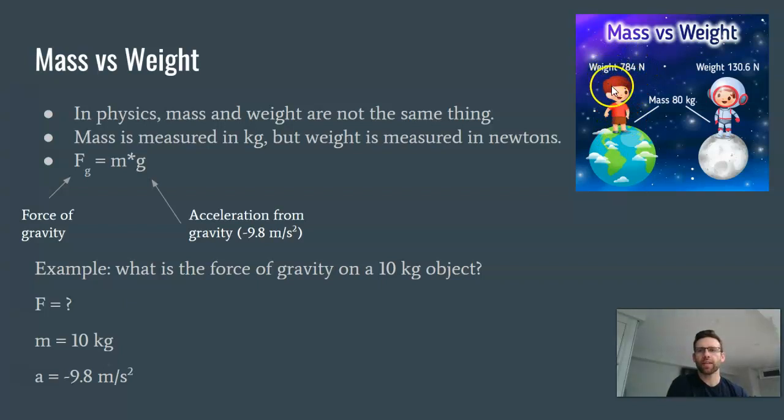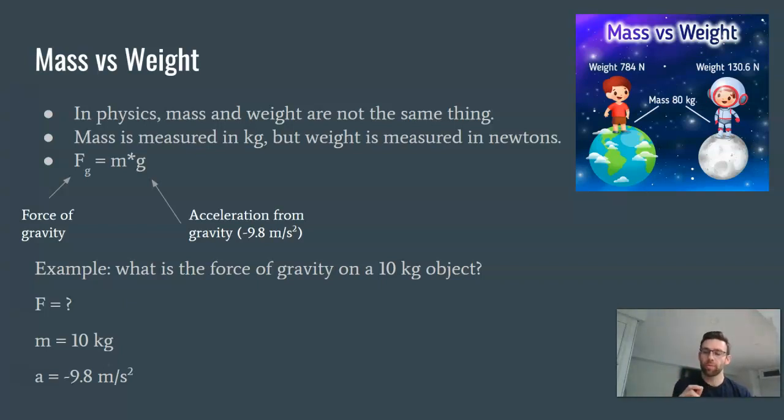Then we can do a little bit of math and figure out what your weight is in newtons. We can multiply it by the acceleration. Now, if you go to the moon, you're still 80 kilograms. Your mass has not changed. Your body hasn't changed, unless you have lost some crazy amount of weight before you go to the moon. You're still going to be 80 kilograms, but you will not weigh the same.